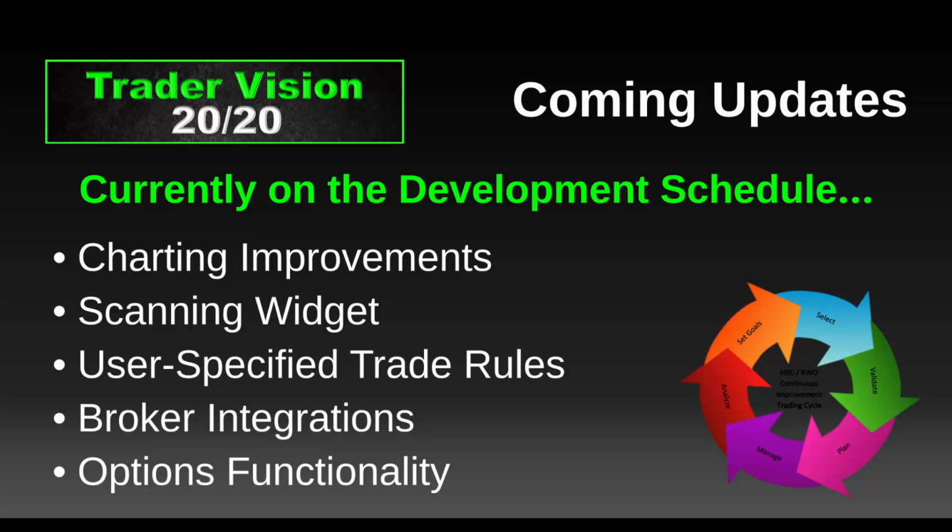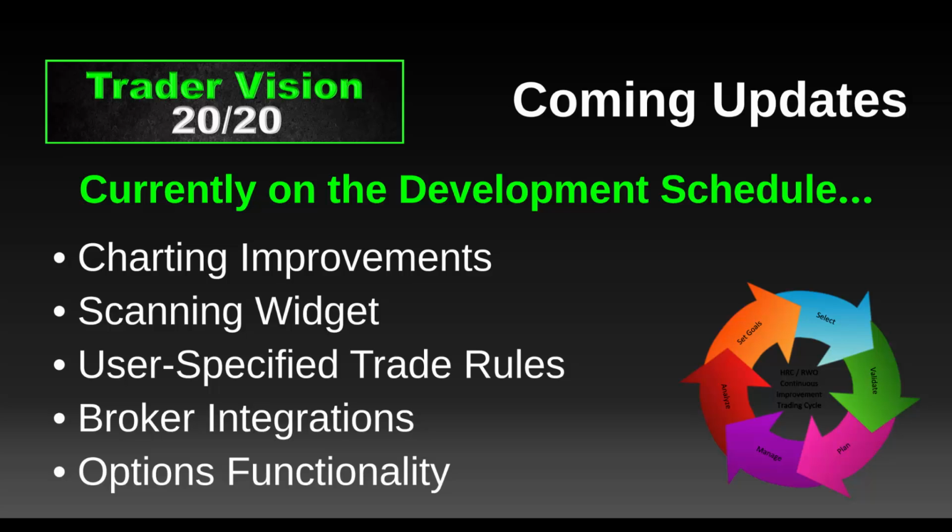We'll be adding in brokerage integrations, working on Tradier and TradeHawk first, then either Interactive Brokers or Thinkorswim. TradeStation talked to us about possibly doing it, but I have not heard back from them that they have made any progress on their application interface. So when they have that available, we'll take care of that as well.